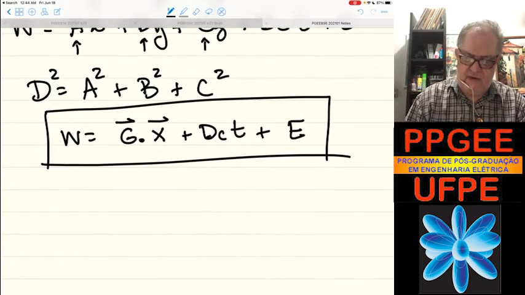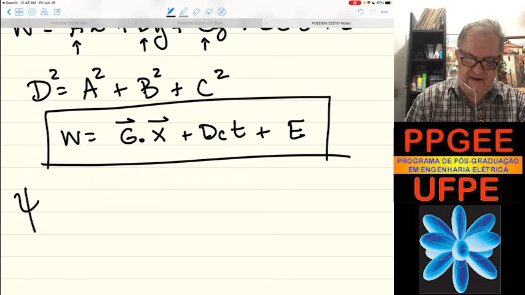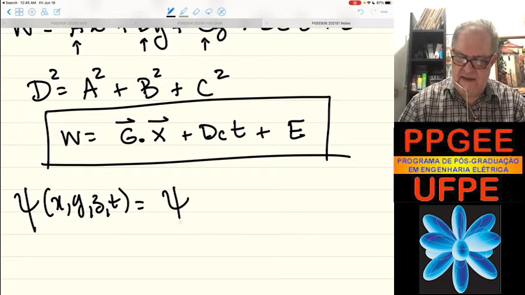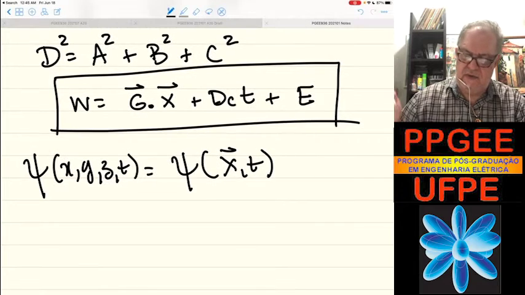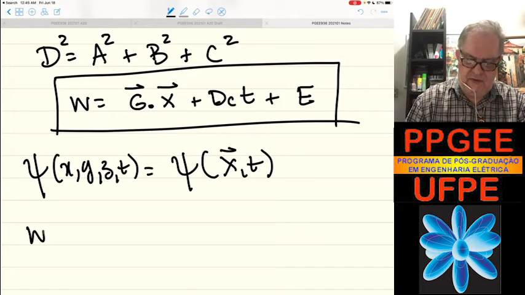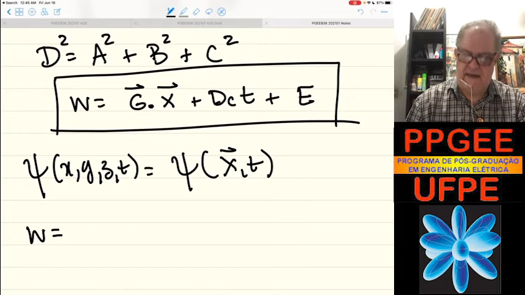So if you want to write in terms of coordinates, it's something like this. The wave function, or if you want, psi of x, t, equals W. Not W, sorry, psi, right?